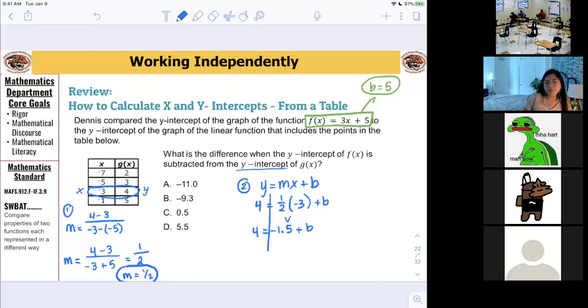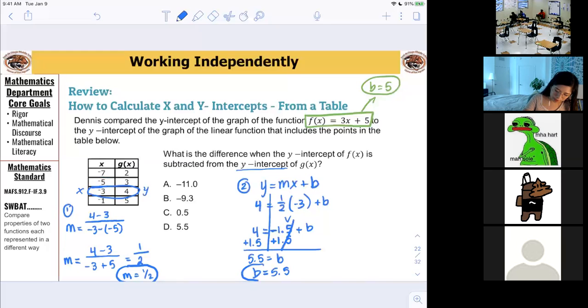Divide. Well, if I'm trying to get b by itself, I'm not going to need to divide. What am I going to need to do? Subtract. Almost. It's already negative. This is a negative. Add. Yeah, there you go. We add 1.5. Okay, cool. And what's 4 plus 1.5? 5.5. So b equals 5.5.